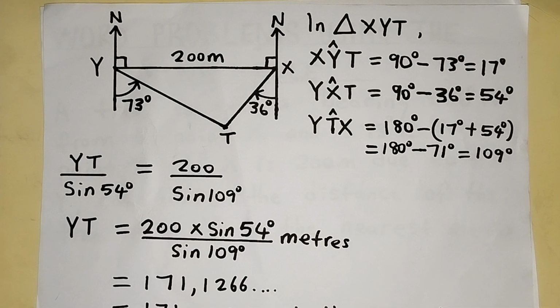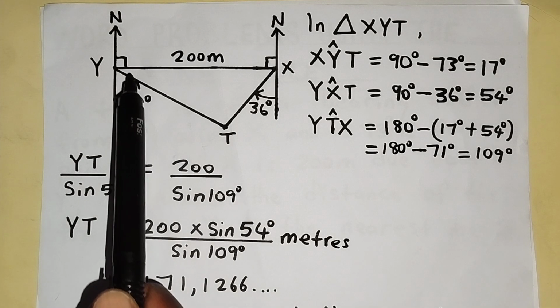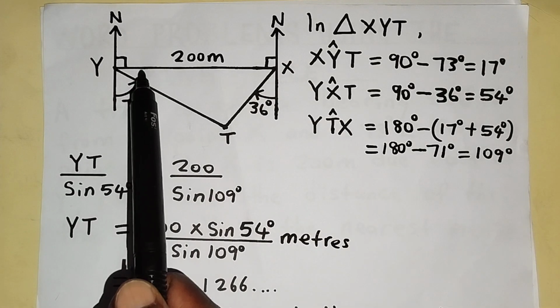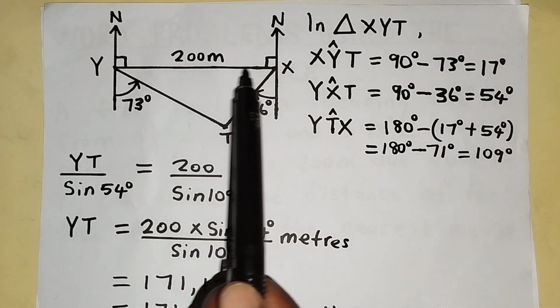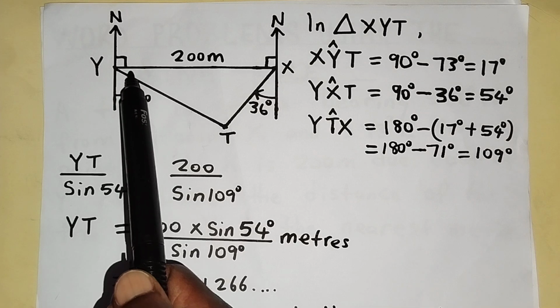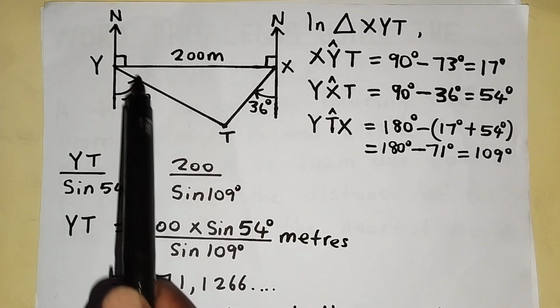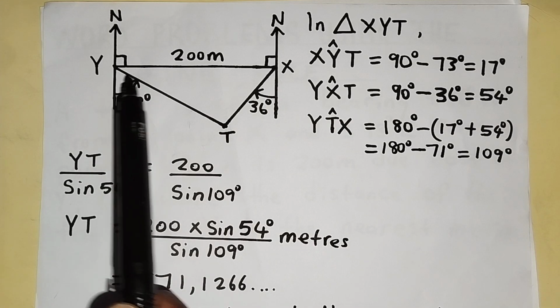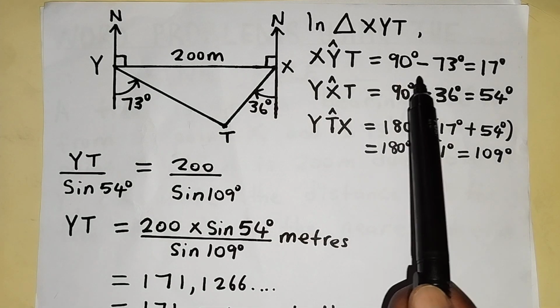Okay, so first of all, before we proceed, we want to put some angles inside our triangle XTY. This angle is called angle XYT. For us to get it, we say 90 degrees minus 73.